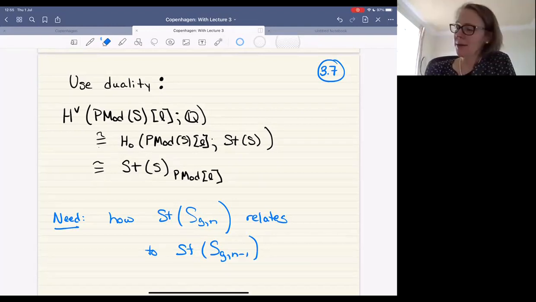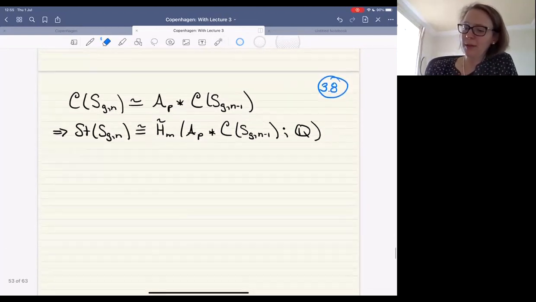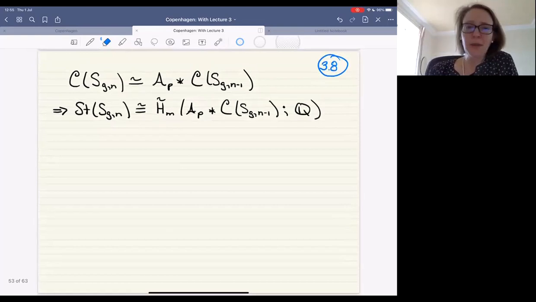Okay, so luckily we've done that work, right? So I just want to remind you, I'm using the notation from my previous talk that if I have the curve complex of S_{g,n}, then this decomposes as a join of the discrete set.